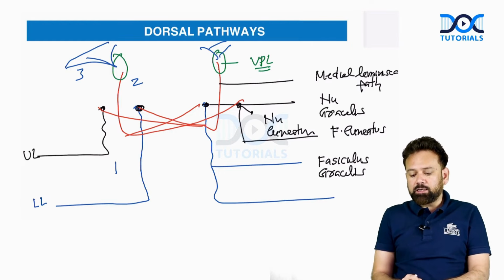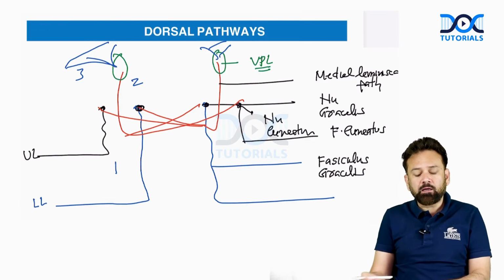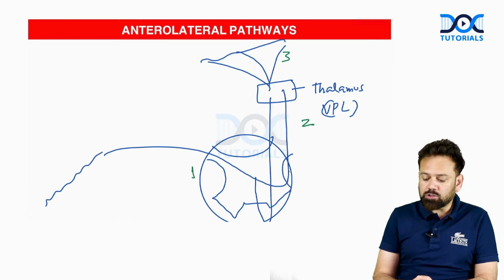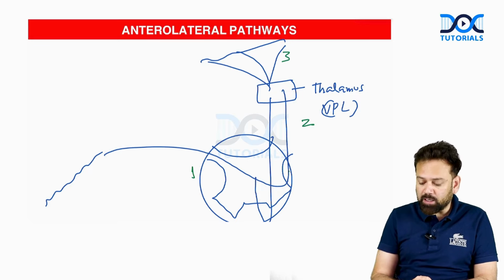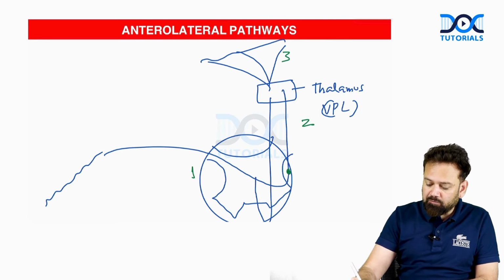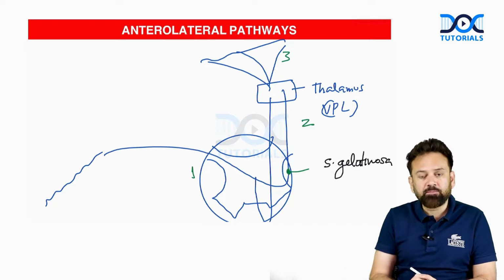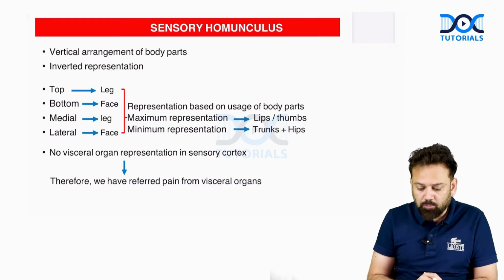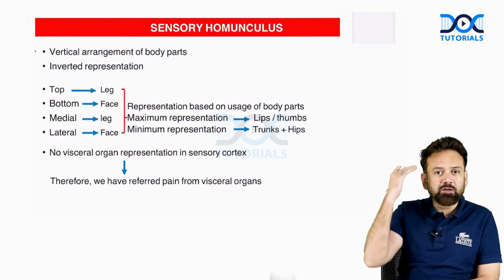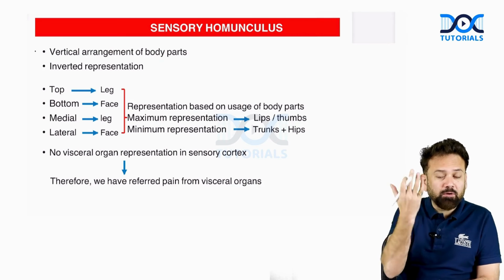So what difference can you see here? Here crossing over happens in the medulla, and here crossing over happens in the spinal cord. It is called the anterolateral pathway, and the area from where the pain pathway goes upward is called substantia gelatinosa.